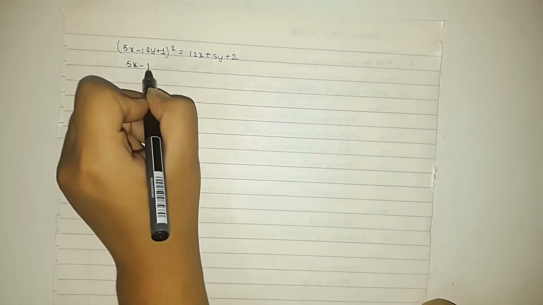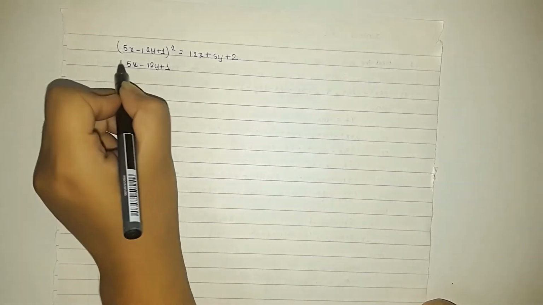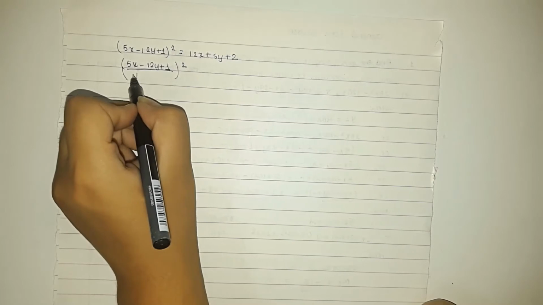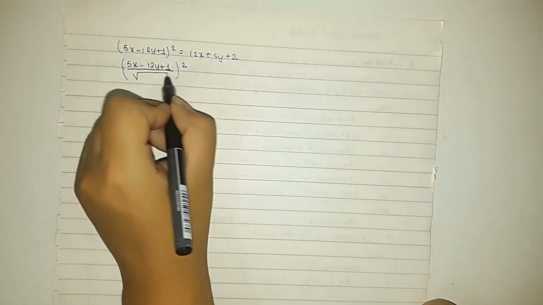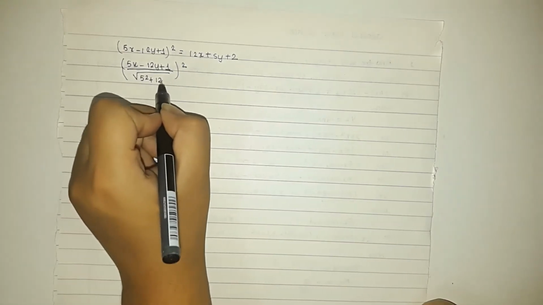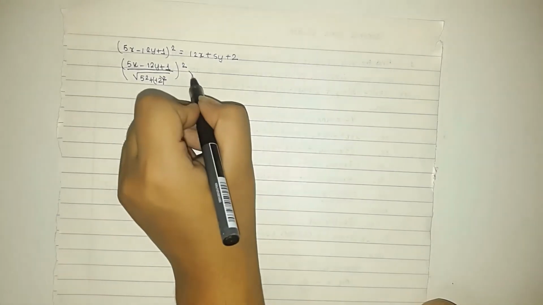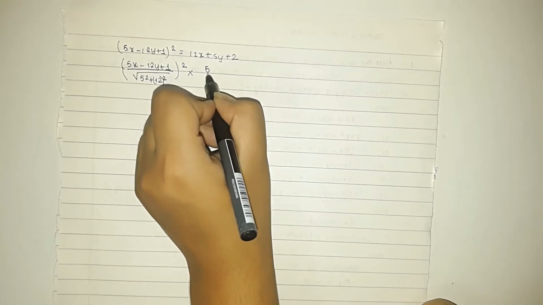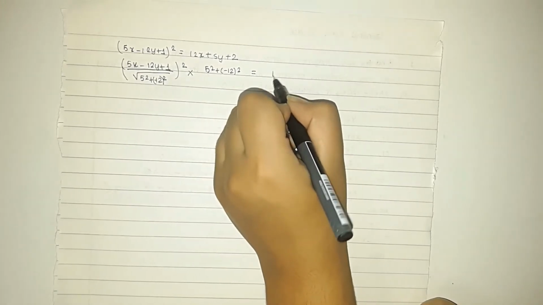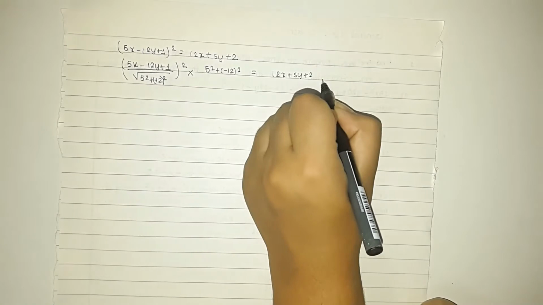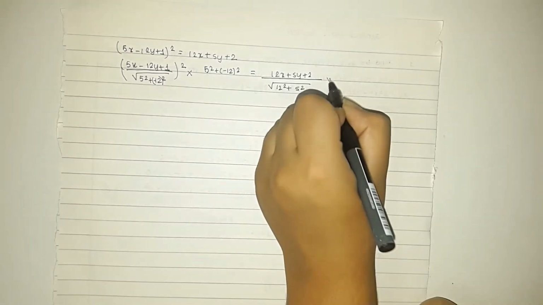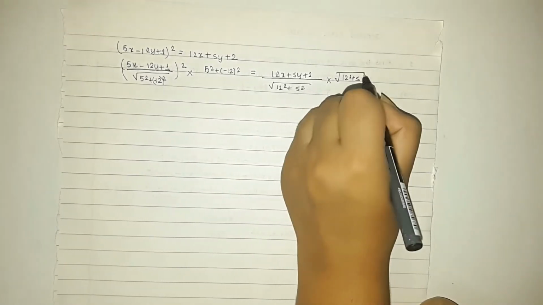Now we're going to divide this whole term by root under the coefficient of x square plus coefficient of y square, which is 5 square plus minus 12 whole square, and to balance it we multiply by the same. We repeat the same thing on the other side, which is 12x plus 5y plus 2 by root under 12 square plus 5 square, into root under 12 square plus 5 square.